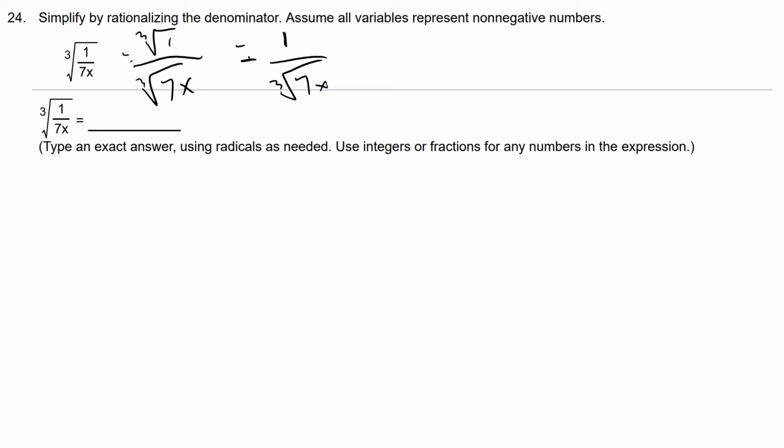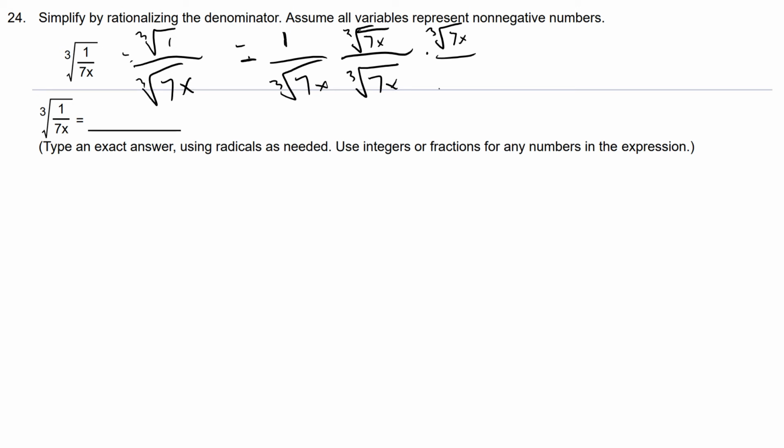And so what do I multiply that by? Now, if we did it like it was a square root, we'd just say, oh, multiply by the cube root of 7x on the top and bottom. The problem with that is that if we multiply those together, we don't end up canceling out the radical because the cube root is supposed to have sets of 3. So we're actually going to multiply it by the cube root of 7x twice.